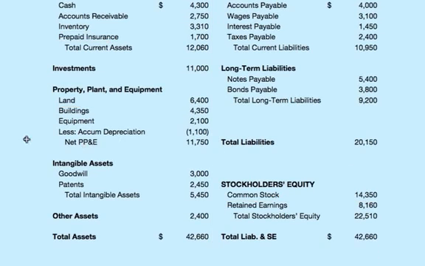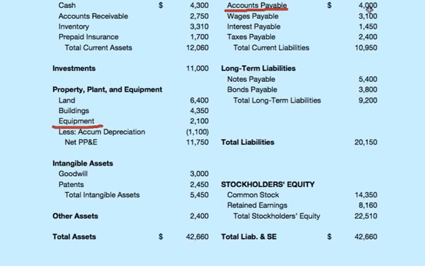Let's say on the other hand that Scammer Corporation bought a computer so that they could scam people better, and they bought that equipment on account. It would be accounted for over here in accounts payable.